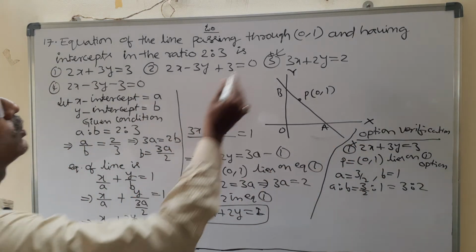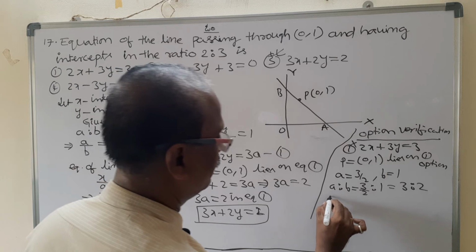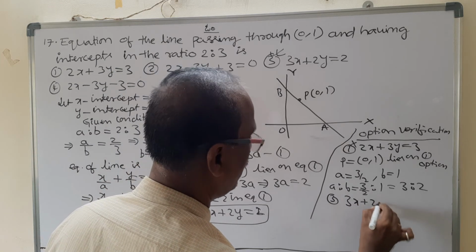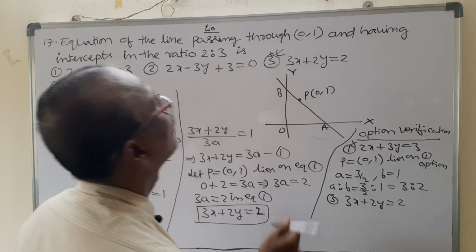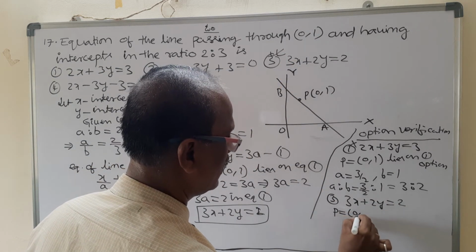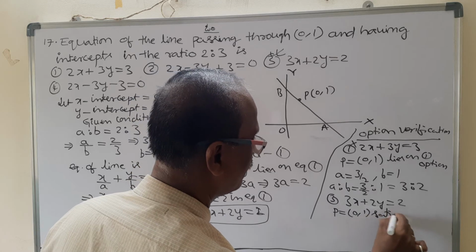Here, to check the third option, 3x plus 2y is equal to 2. P 0, 1 satisfied.